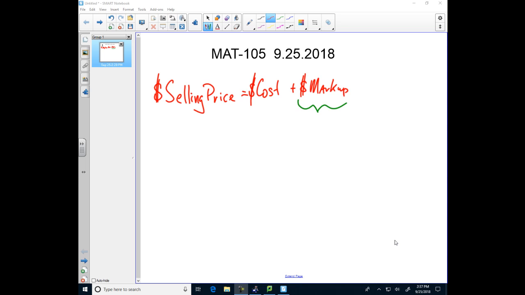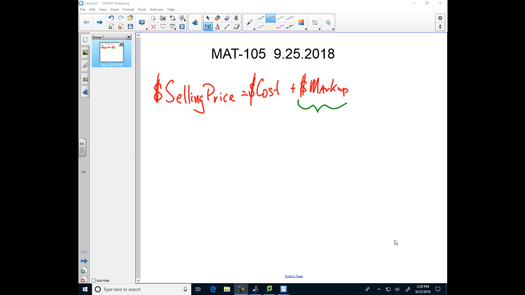So you're still dealing with dollars and dollars, but there are some of the problems, I think I might have assigned one or two, that actually ask you to find the dollar markup. And it's nothing tricky, it's just what I've just showed you.